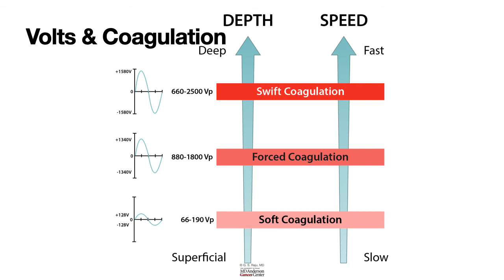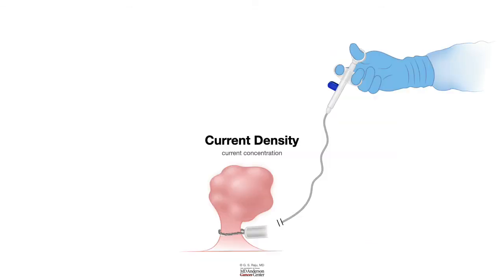Lastly, I want to talk about current density, otherwise known as the concentration of the current at a particular point. In polypectomy, if you want to have a clean cut, you could use a very tight closing of the snare. In addition to that, there are a lot of different parameters that influence current density, and let us talk about it.